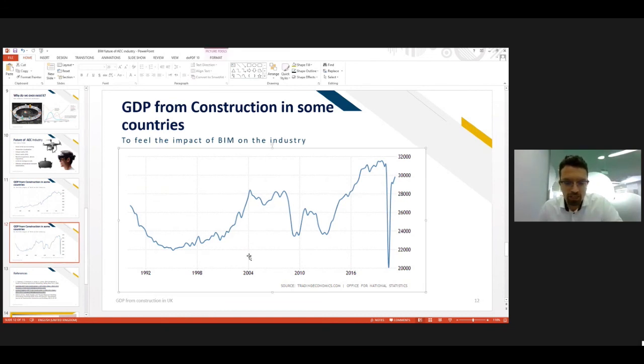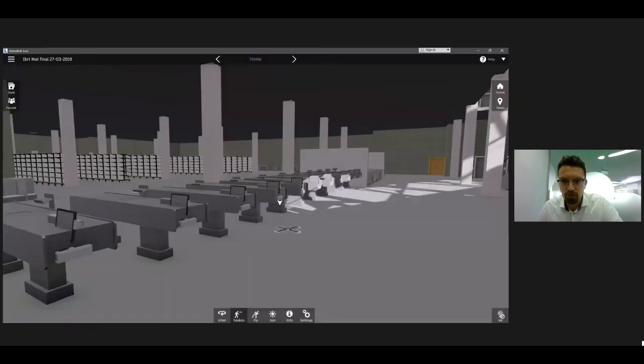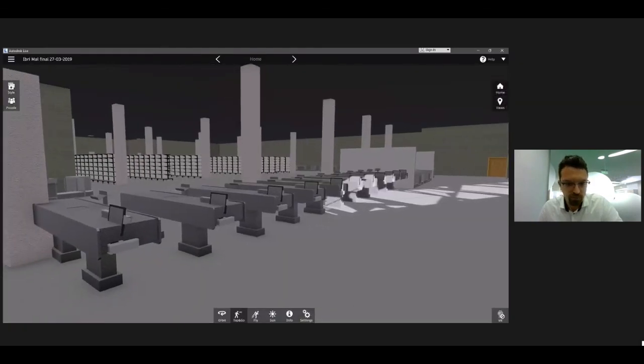Yeah. So I would like to present a project that we have done using this process, and we allow the customer to have a better idea about his project. So I don't know if you can see what we have here. Yeah.